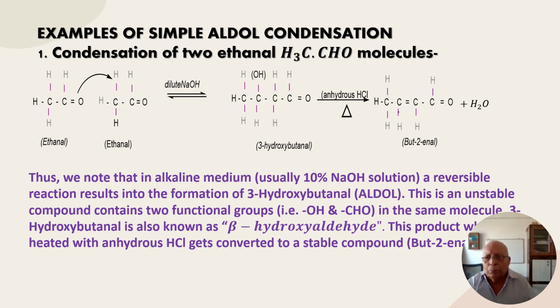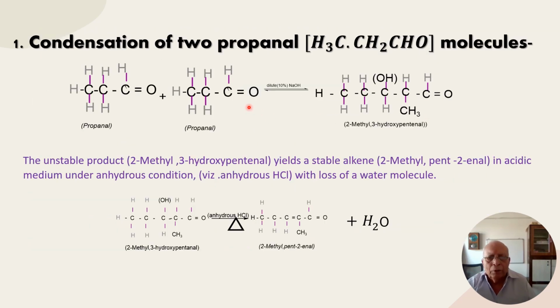Now here is another example about condensation of the next homologue of aldehyde, and that is propanal. Similar molecules. Two propanal molecules combined together to form again an aldol, a molecule containing the aldehyde group and the hydroxy group, and structurally we can name it as per IUPAC system as 2-methyl-3-hydroxypentanal actually, and of course it is an aldol.